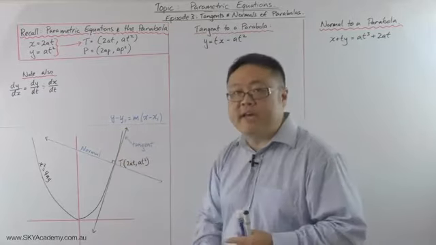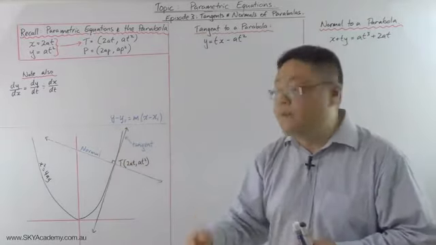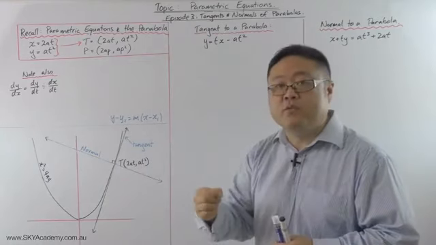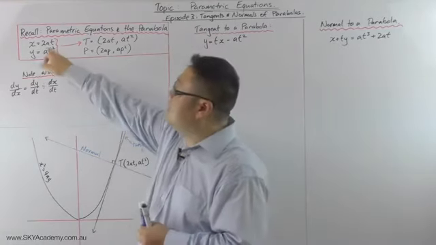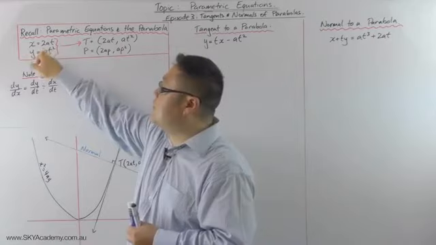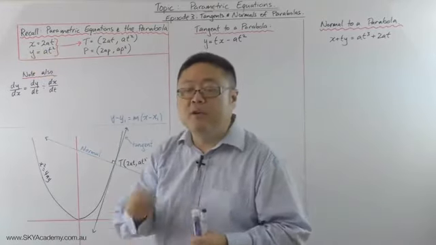And your m will be the gradient of the tangent, which is your first derivative at that point. So how do you find the derivative of a parametric equation? Very good question.